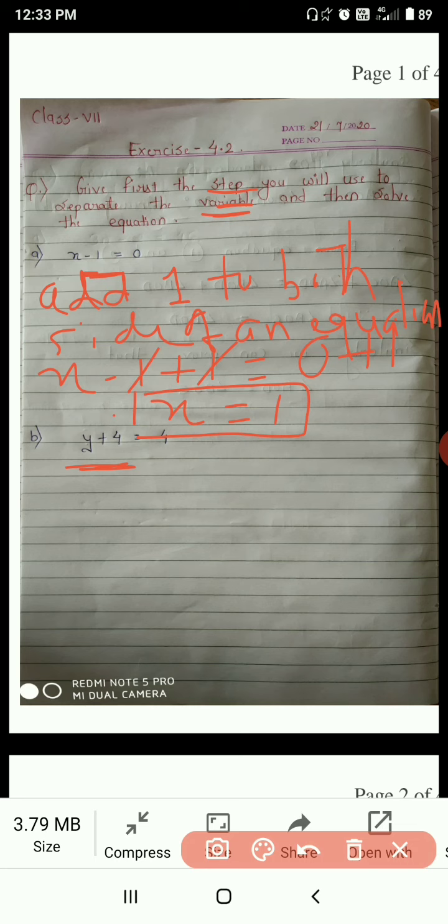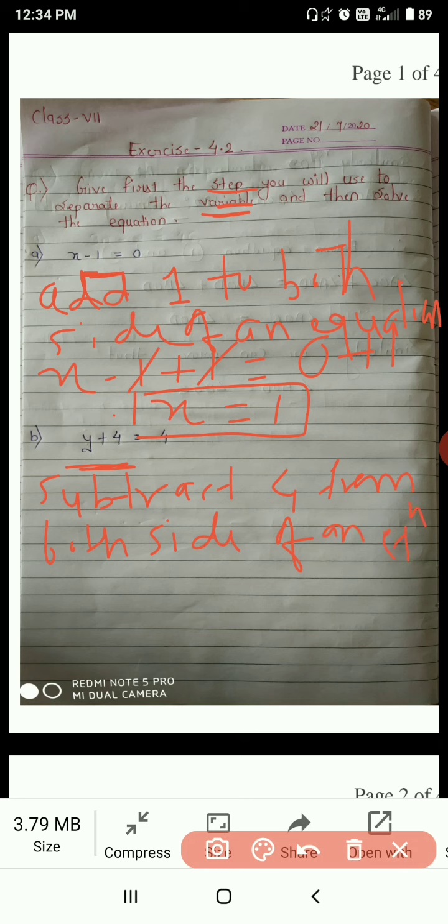So here the step will be subtract, or minus, you can write minus also: subtract 4 from both sides of an equation. Understood?